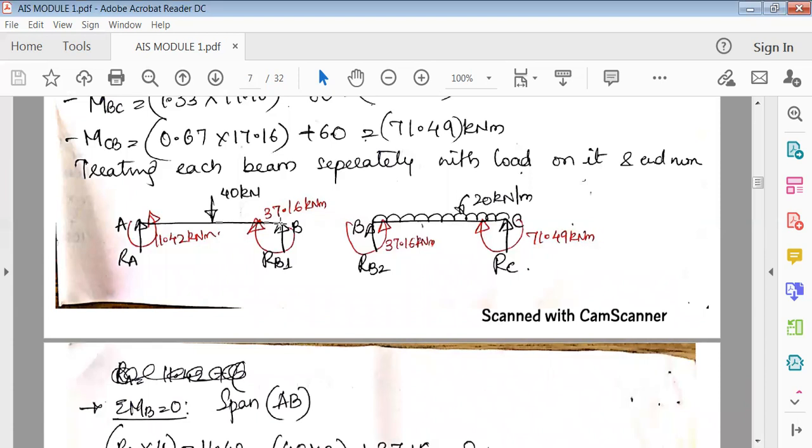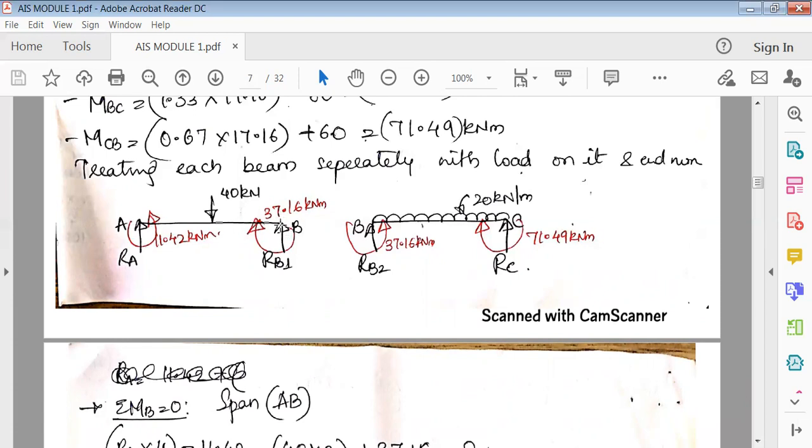B is the support which is far from A, so I'll keep the moment at B as 0. Of course, you can do vice versa also, but to make things simple, if you keep the moment at B as 0, we'll get RA.